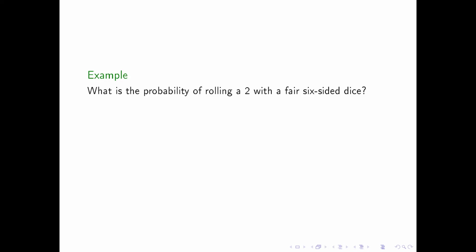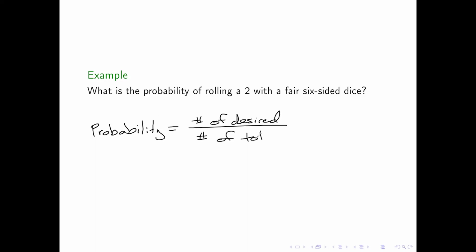Remember, going back to your discrete math classes, a way to think about probability is the number of desired outcomes over the number of total outcomes. The total is everything that's possible, and the desired is the ones that I want that are possible. If I'm rolling a six-sided dice, how many ways can I roll a 2?